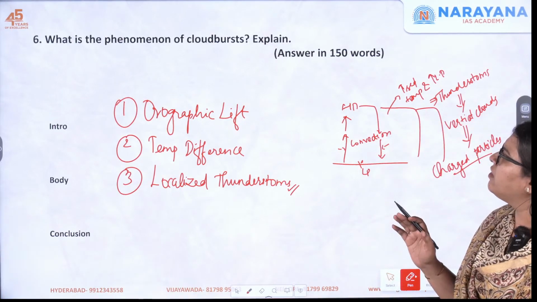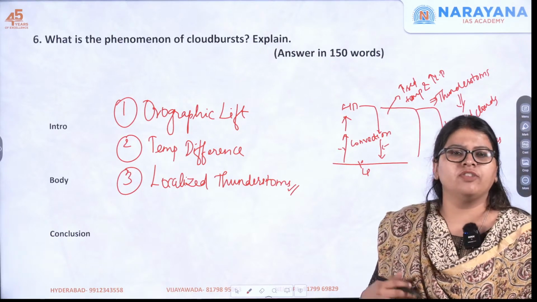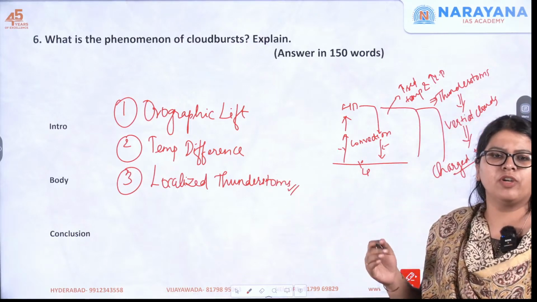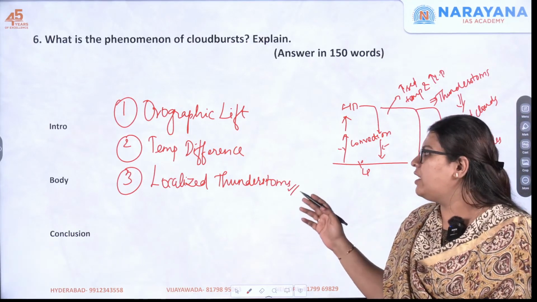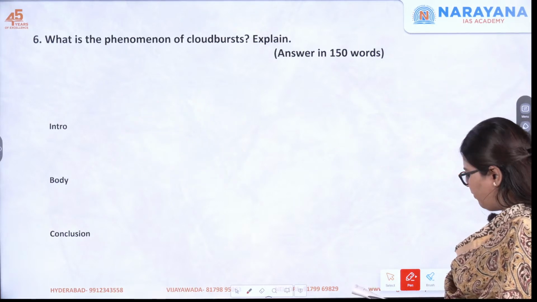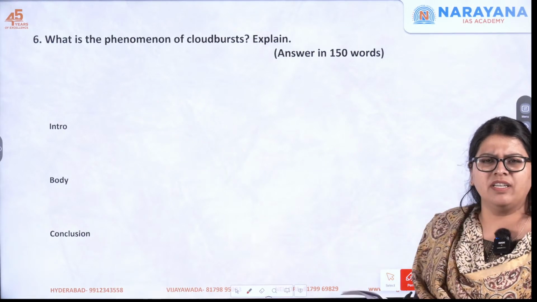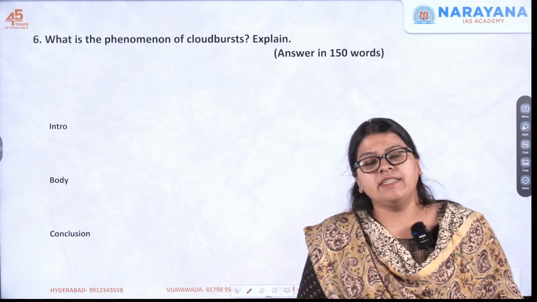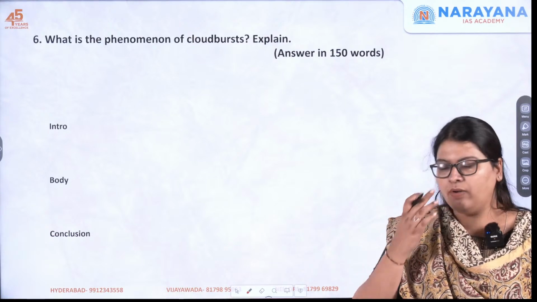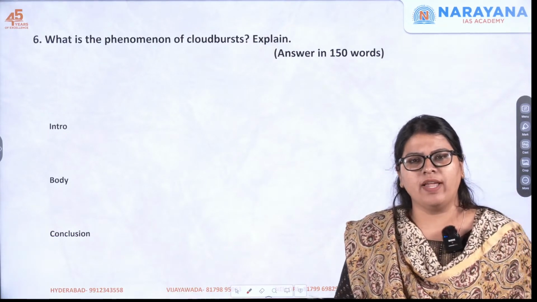So we have discussed the phenomenon of cloudburst. They've asked to explain. Here it happens because of the orographic lift, the difference in the temperature, and next, it's characterized by localized thunderstorms. Now what can be the effects of cloudburst? They are very simple. First, it results in flash floods. Next, it results in landslides, as you know, and also a lot of casualties and damage.